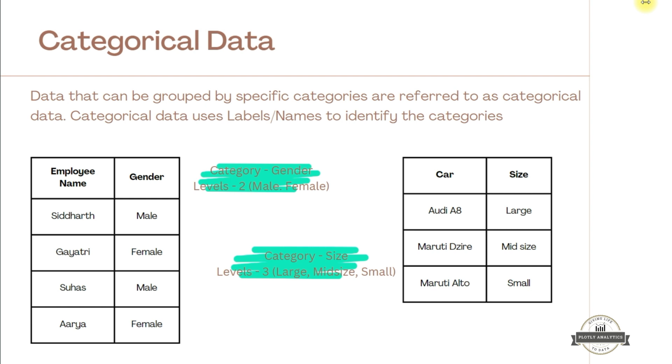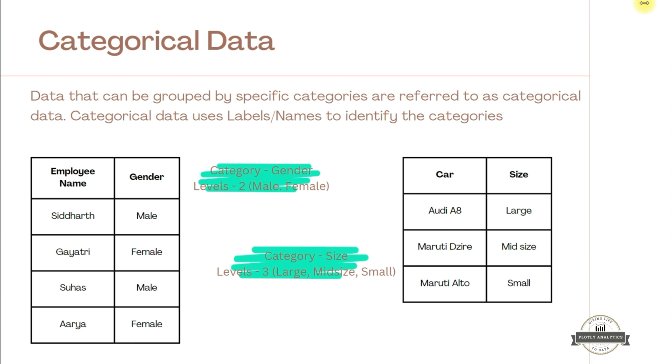Factors store categorical information. So factors are useful when you want to group the data. Now, what is a categorical variable? A categorical variable is characterized by a finite number of levels called factor levels. So for example, gender will have two levels, male and female, or true or false.